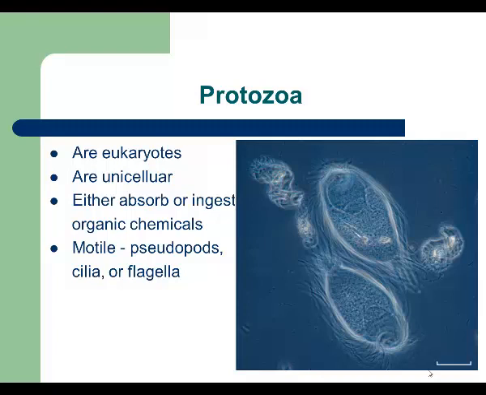Do they cause infections in humans? Yes, they do. And some of those infections are extremely dangerous. As an example, I can give you malaria or African sleeping sickness. Just those two protozoal infections kill millions of people every year.